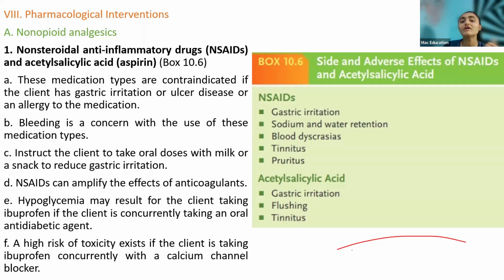Instruct the client to take oral doses with milk or a snack to reduce gastric irritation. We always have to advise the patient: whenever the patient is taking NSAIDs or aspirin, take the oral doses with milk or some food to reduce gastric irritation. NSAIDs can amplify the effects of anticoagulants.